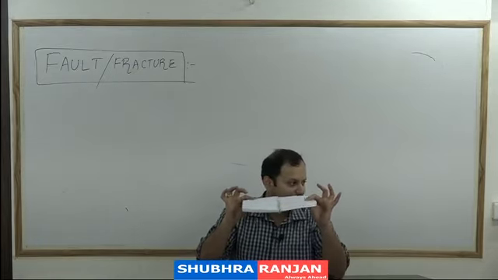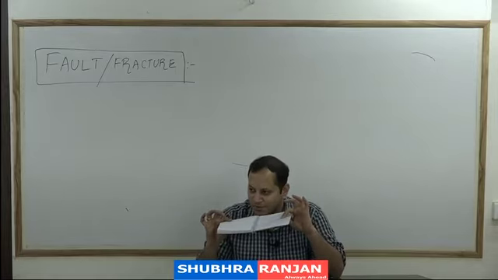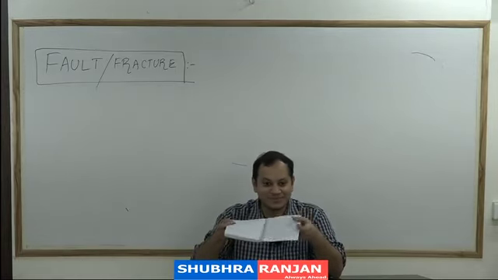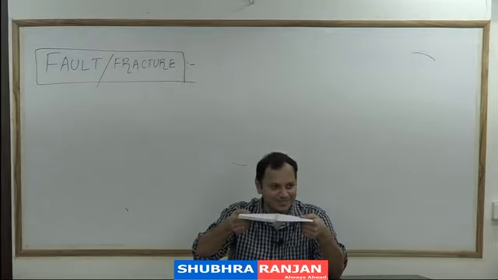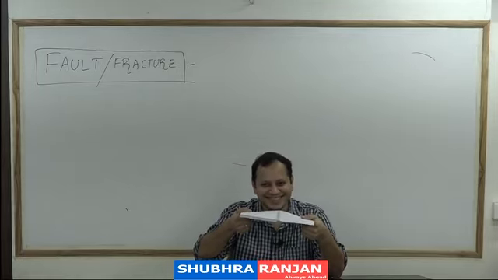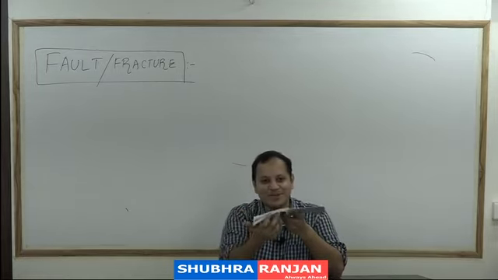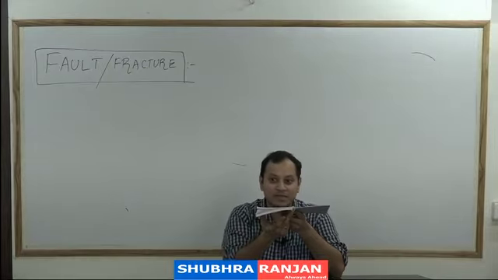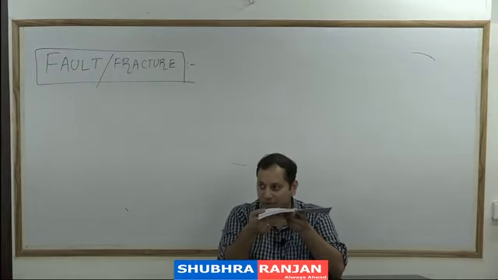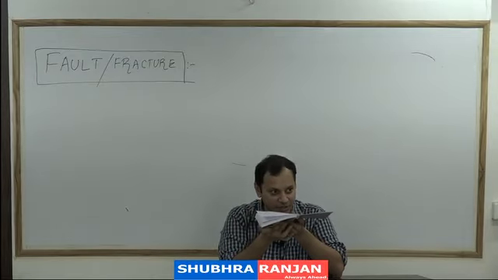In the central part. Why is it so? Why will it break if I pull it more? Because this is the weakest part. Why is it the weakest part? Because it has a joint. It is not compact.